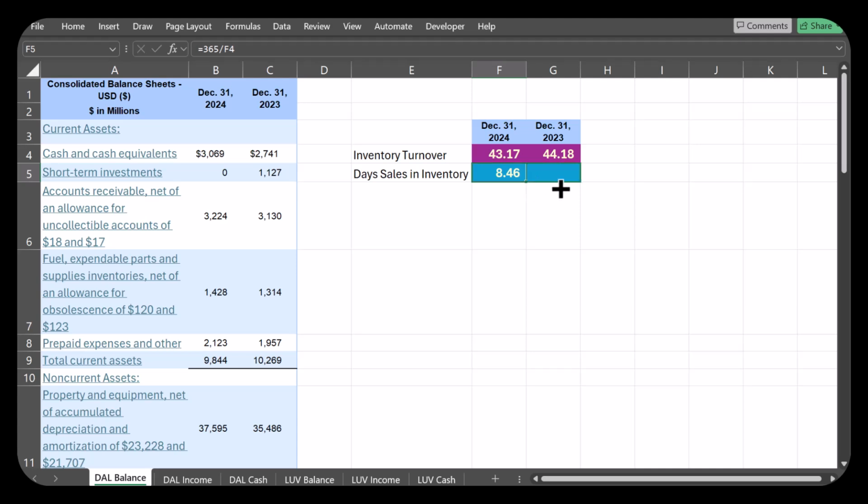So it doesn't take them too much to turn the inventory. I mean, about 8 days.